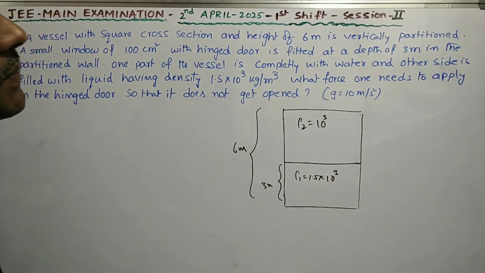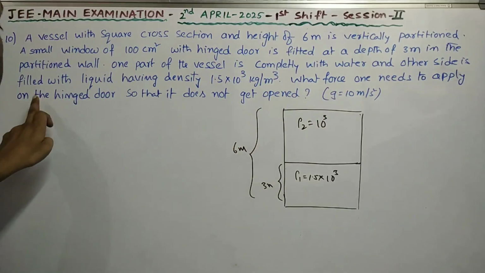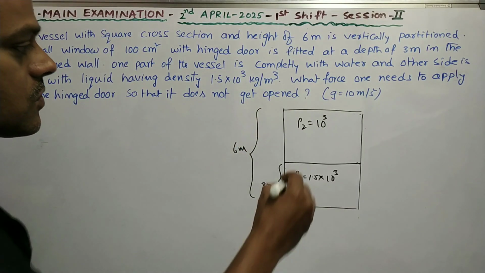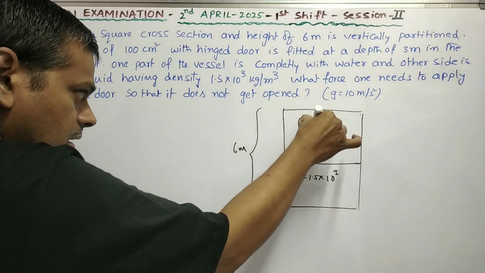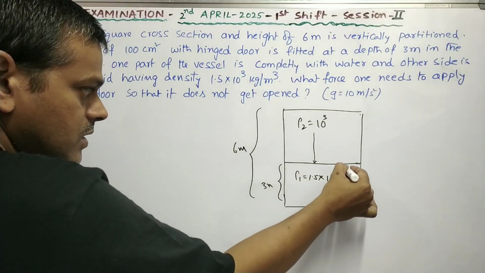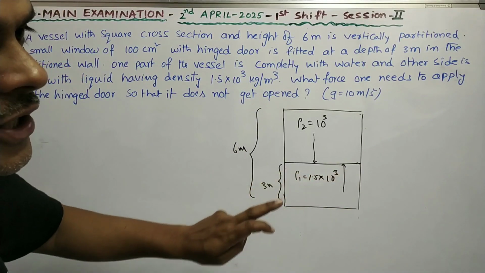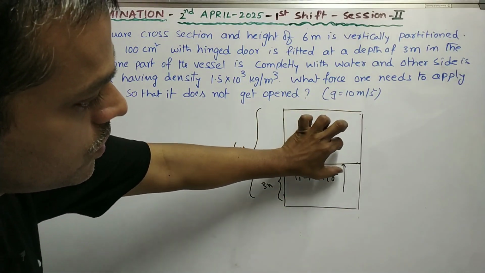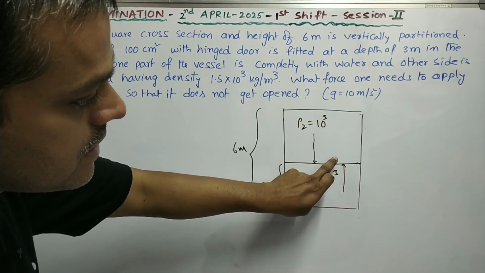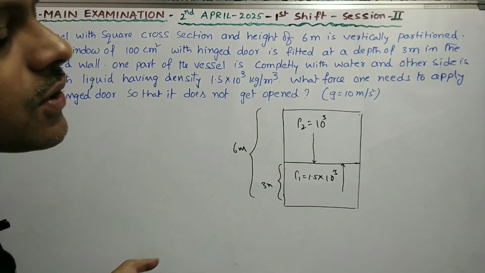What force needs to be applied on the hinged door so that it does not get opened? The fluid applies pressure along this direction, and the water applies pressure in the opposite direction, so these two pressures act normal in opposite directions, and the hinged door does not open.